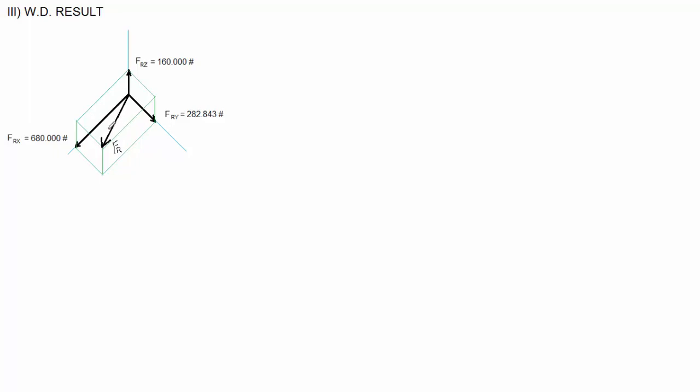So the angle off of the x-axis is right here, and I will refer to that as delta. The angle off of the y-axis is right here, and I will refer to that as epsilon. And the angle off the z-axis would be measured from FR up here, and I will refer to that as phi.